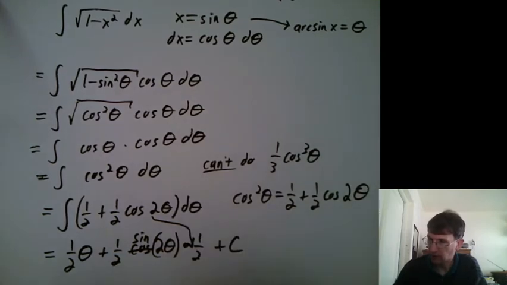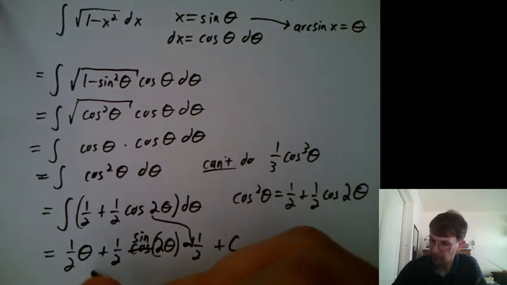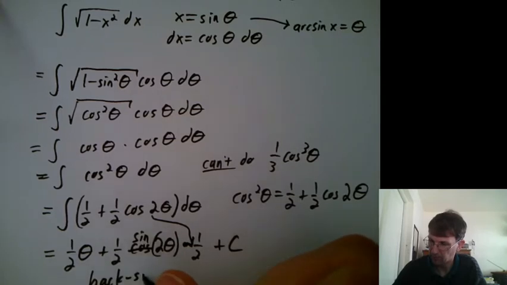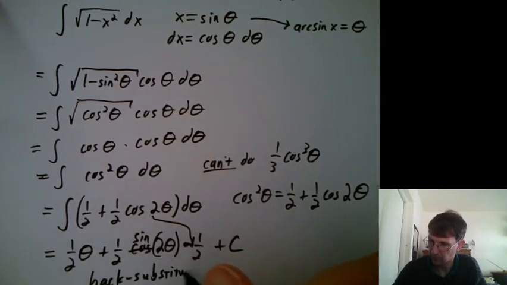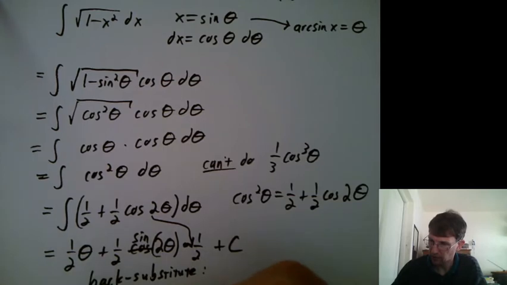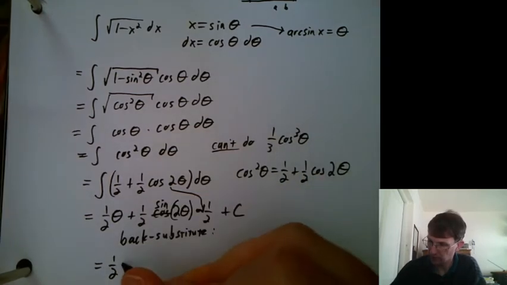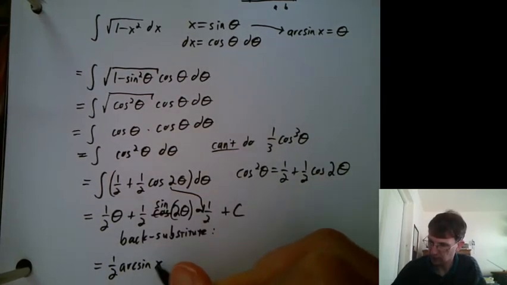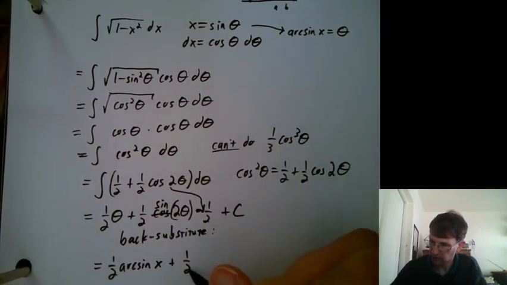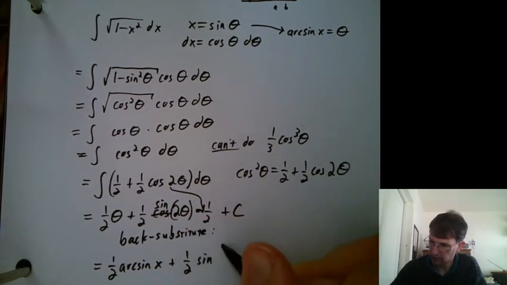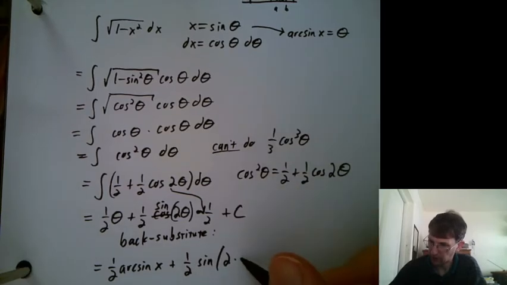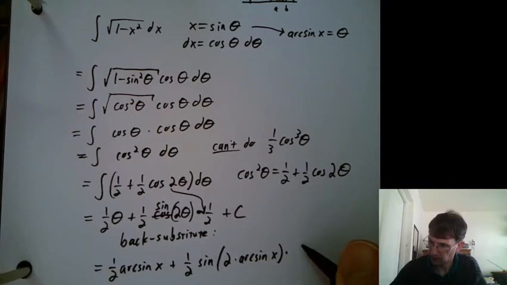And then we should back substitute, right? So the theta, we know that theta is equal to arc sine of x. And then we'll have the 1/2 sine 2, and then the theta becomes arc sine of x, times 1/2, plus c.